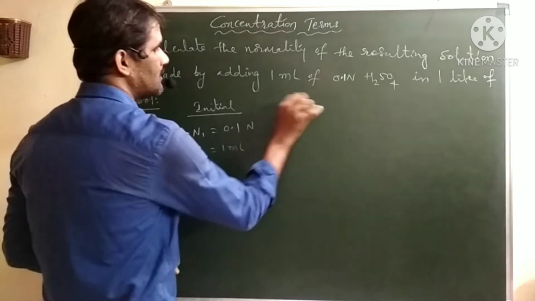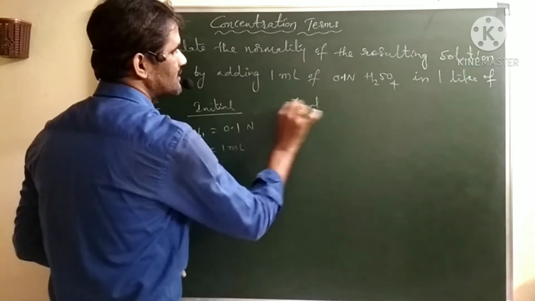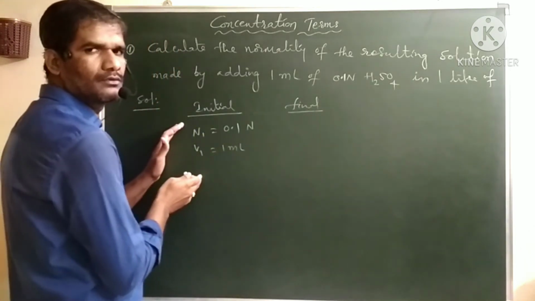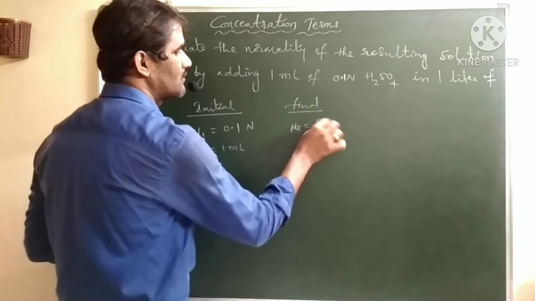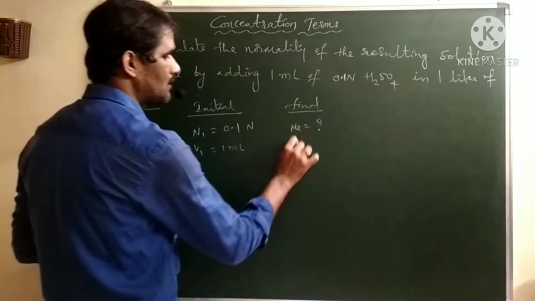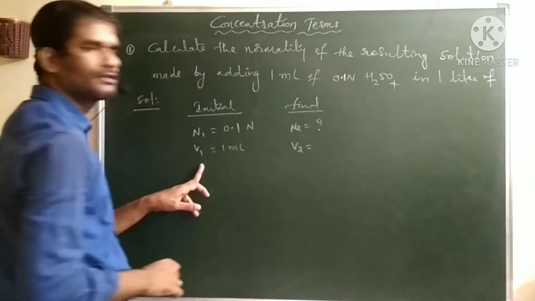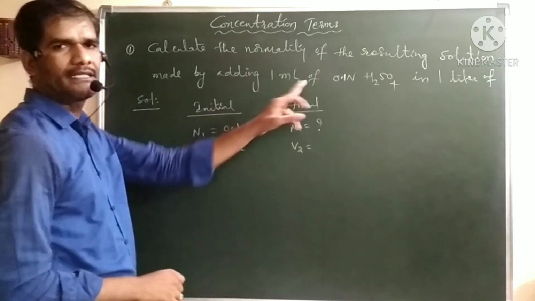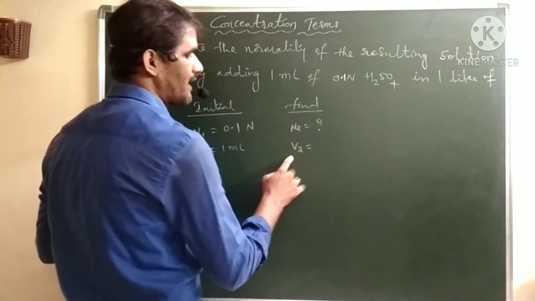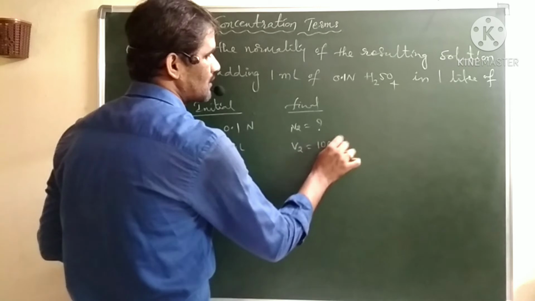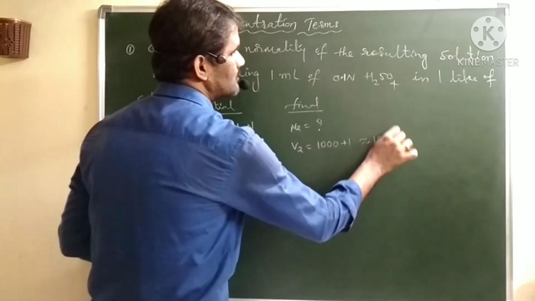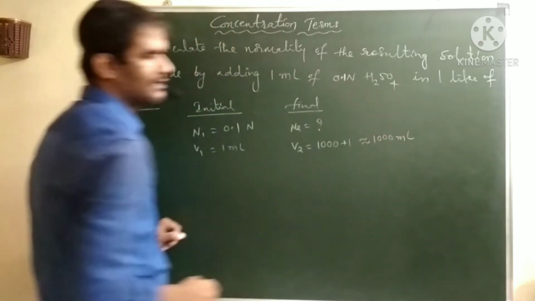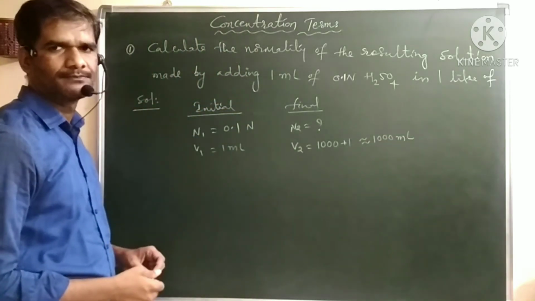This is added to 1 liter of solution, then the normality will change, which we have to calculate. The final volume becomes 1000 plus 1, so you can take it as approximately 1000 ml. Why? Because 1 ml will not give much difference.